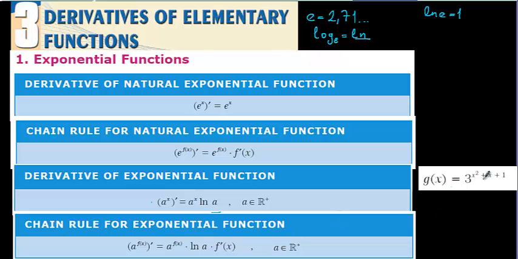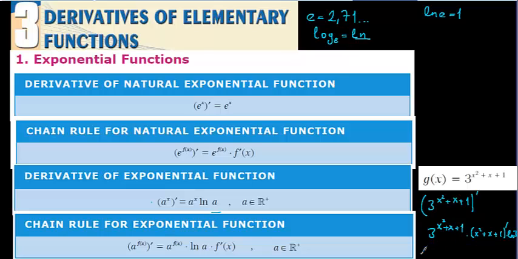Here I have put one exercise for this expression. The derivative of 3 to the power of x squared plus x plus 1 is equal to 3 to the power of x squared plus x plus 1, I'm writing the function again, times the derivative of x squared plus x plus 1, times ln 3.